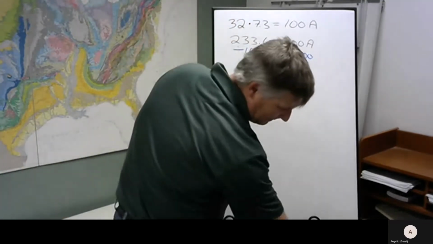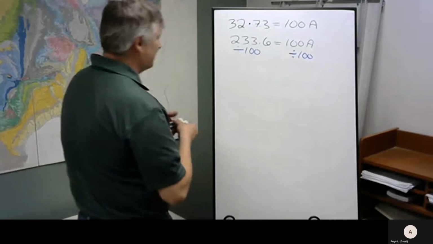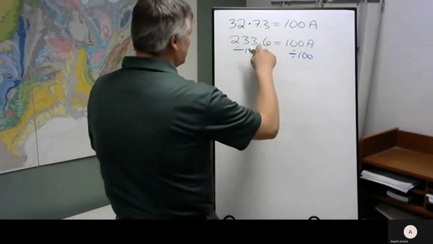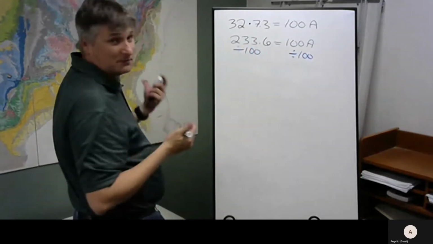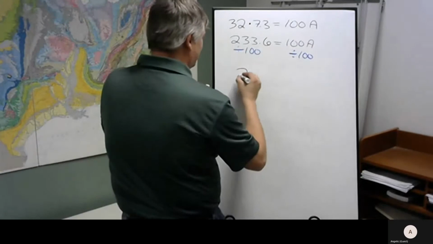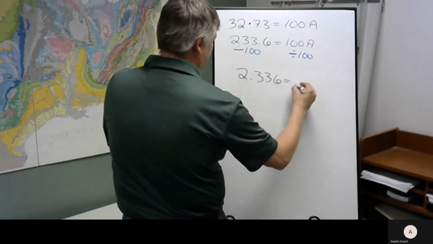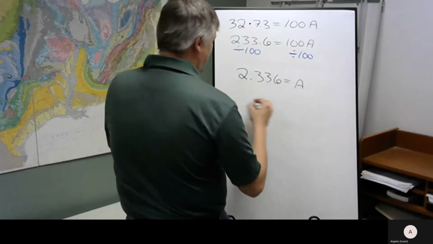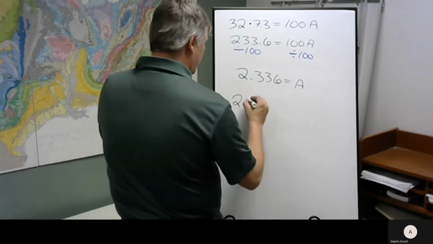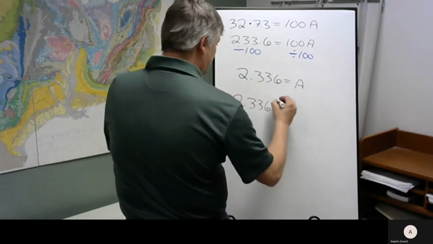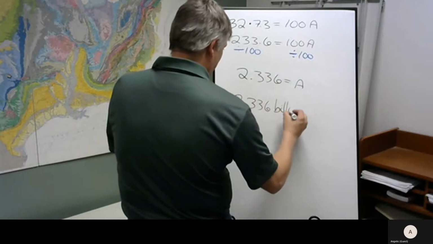And let's see, we won't do any rounding. We'll move our decimal 2 spots to the left because we're dividing by 100. And that's going to be A, or 2.336 billion.